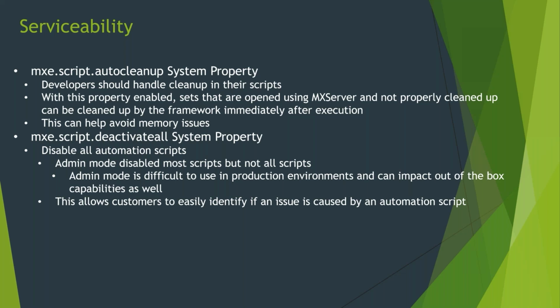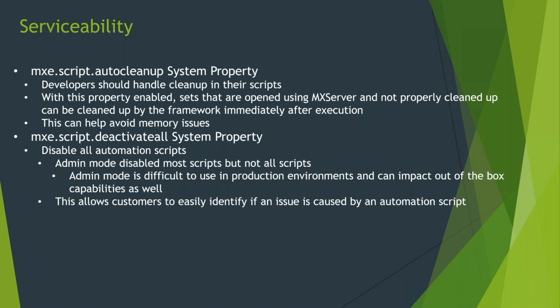One of the system properties that we've added that you can enable will go through, and anytime you open a set inside of your automation scripts, if you don't properly close and clean up those sets, we can actually handle that on the framework level. Now, this is not to say that you should depend on this capability, right?